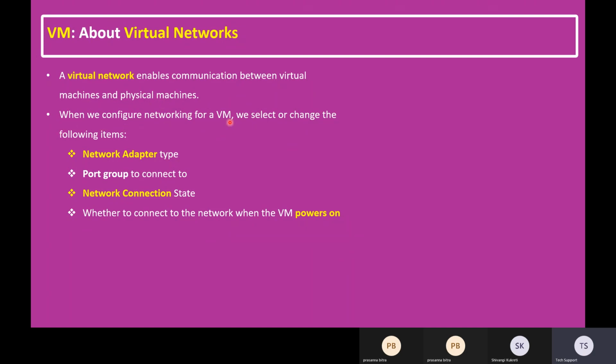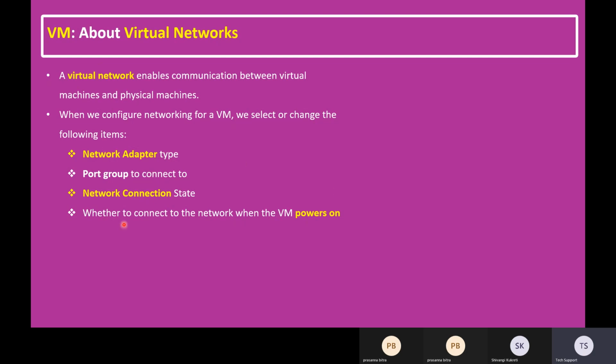When we configure networking for a virtual machine, we select or change the following items. So we can always change the network adapter type, port group connection, and network connection state. And we can also choose whether to connect to the network when the virtual machine is powered on. So these four options are available in our virtual machine.